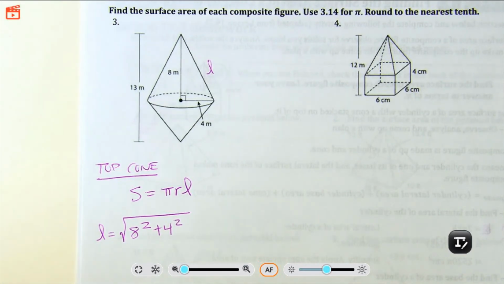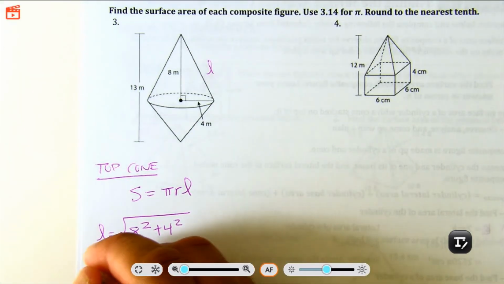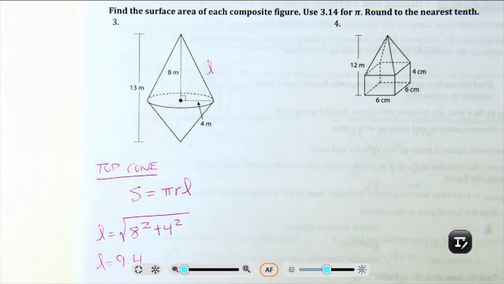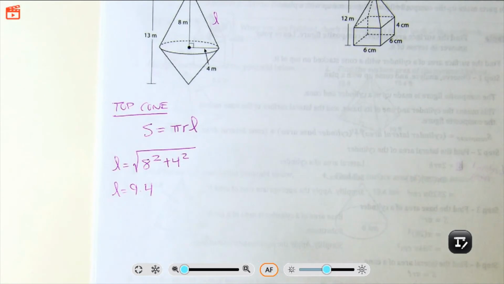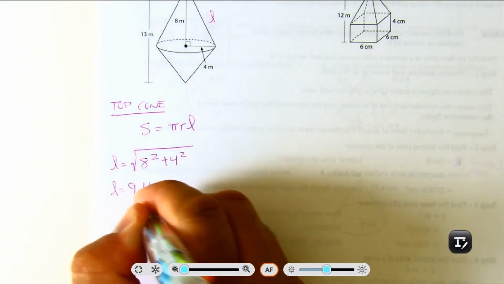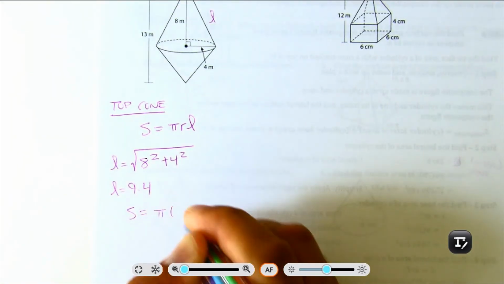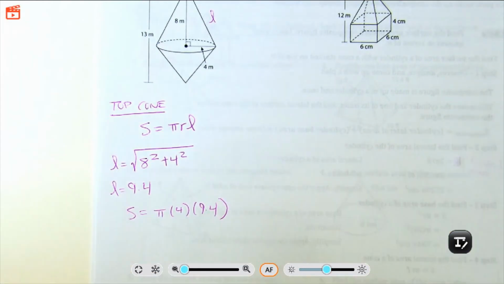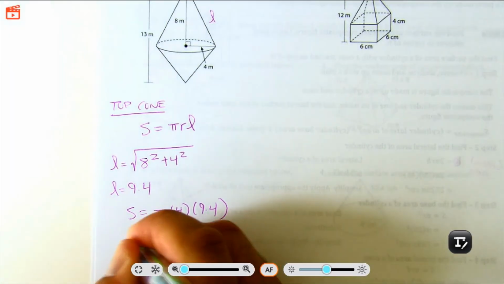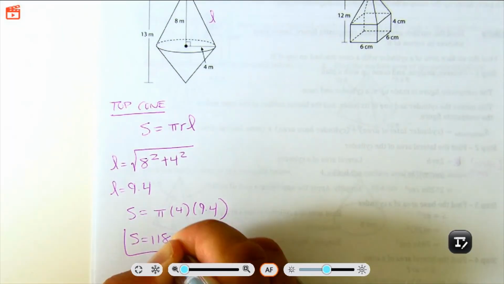And that ends up being 9.4. So now that we have that, I could find the surface area of the top cone as pi times 4 times 9.4. So 3.14 times 4 times 9.4 gives me 118. So I'm going to use that.